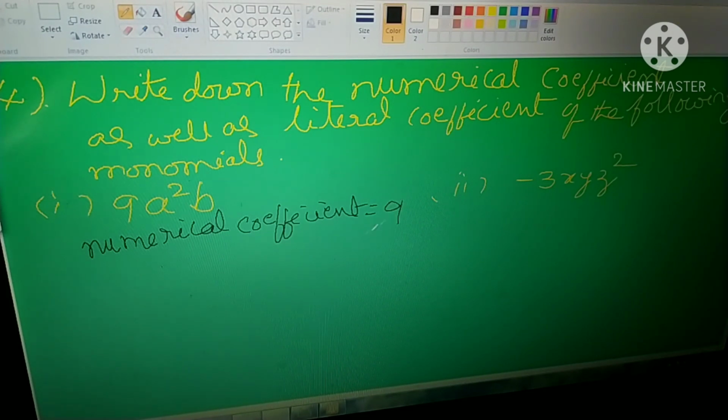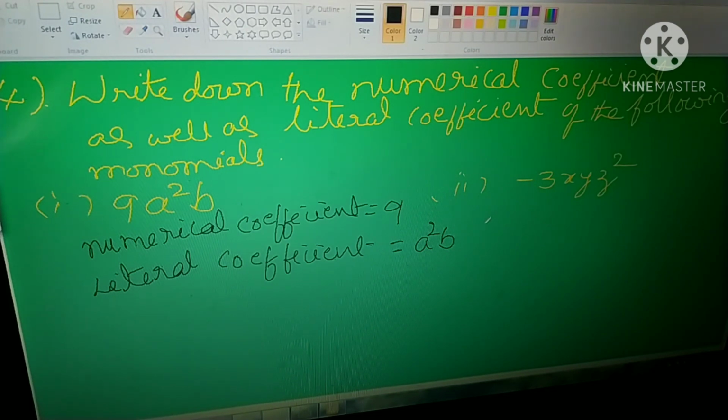Now after that, literal coefficient. Literal means nothing but variables. So write down the variable part. How many variables are here? We have 2 variables. So write down all the variables completely, leaving the numerical coefficient.